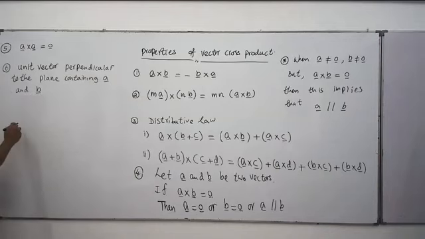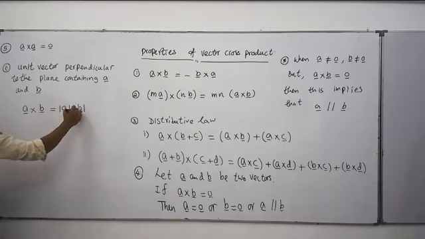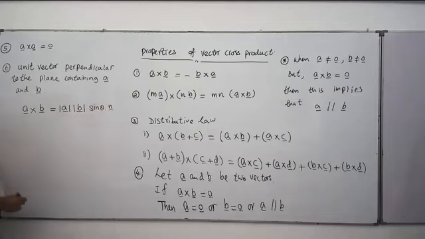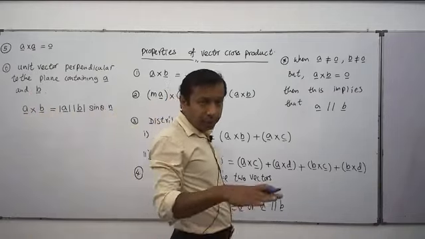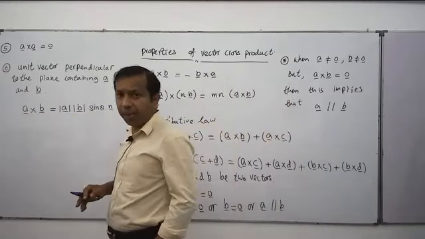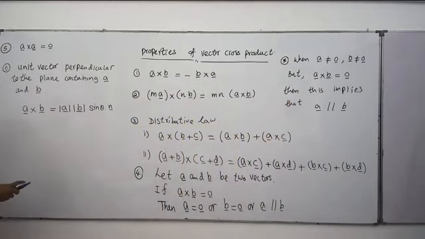People, now we know A cross B. We define how, people? Modulus of A, modulus of B, sine theta n. N is the unit vector perpendicular to the plane containing the two vectors A and B. You know this, right?